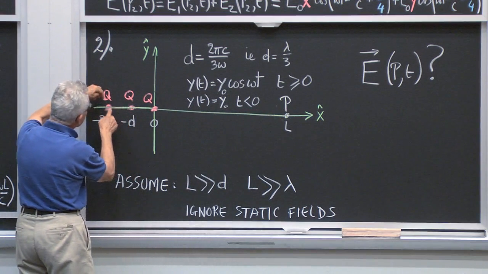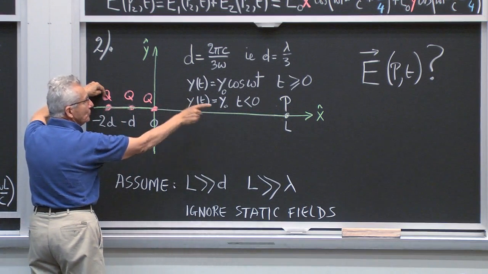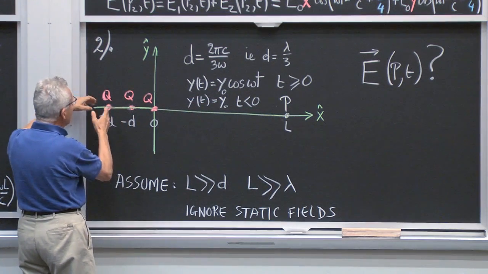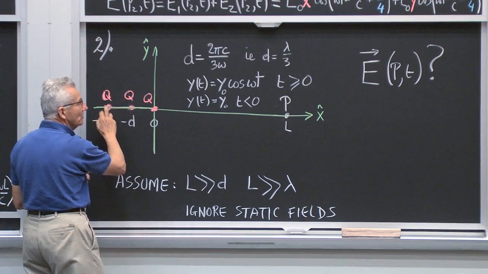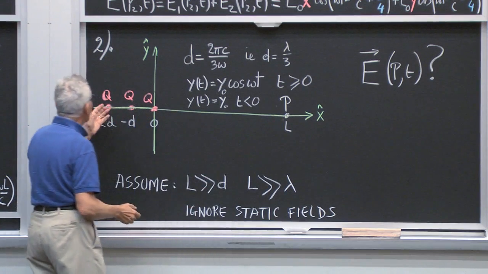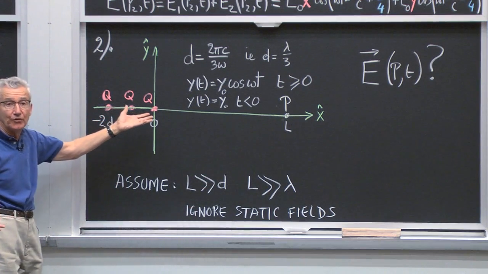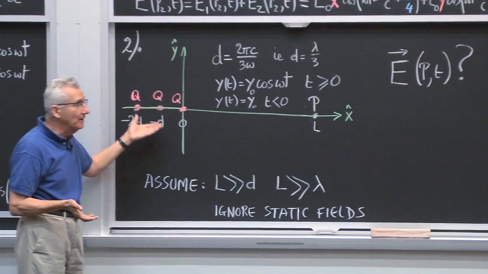And a little bit later, the radiation from this also gets there. So at the end, there is now radiation from all three charges getting to this point. And from then on, it'll continue forever as long as these are oscillating.